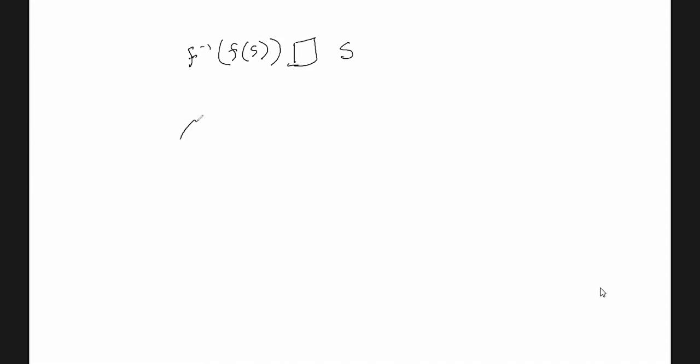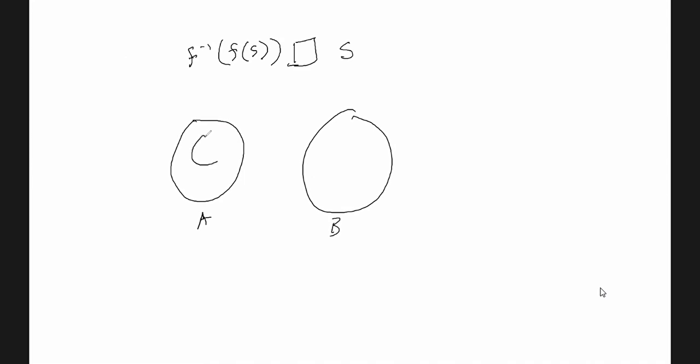So on the side, in order to answer the question correctly, if this is S here, you might actually want to draw this little diagram and say, okay, well, here's F of S. And ask yourself, if I go back and take the pre-image of this, do I just get what's in S?